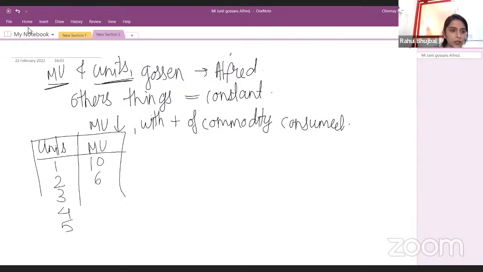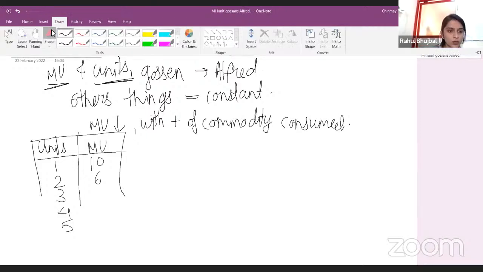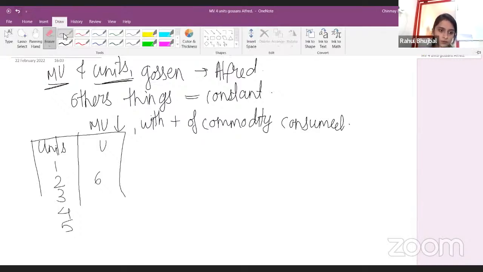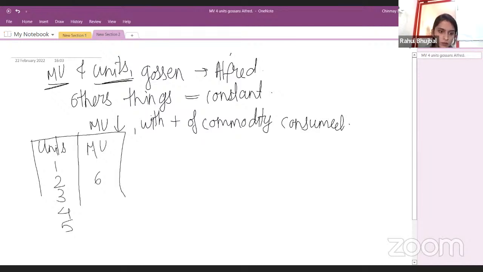No, we'll take it in a proper way. We have to show it in, just a minute, I'll draw it. We will take it as 4, 2, 0.